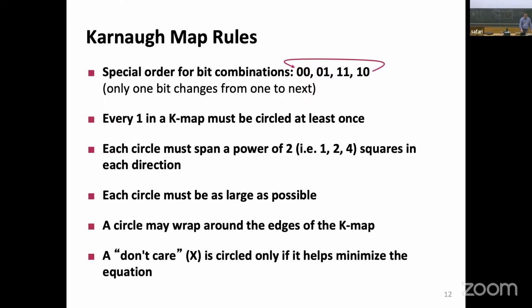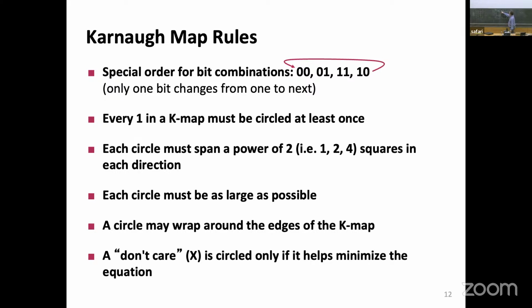Bad example. Okay, let's try to circle them. Now you see that there is this nice giant circle. This guy, this guy, this guy, this guy. And when I write the output Y, what is this?